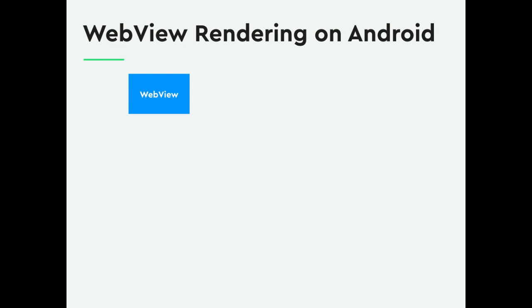We have the WebView widget from the Flutter package, and this contains as a child an Android view, as we saw in the Flutter Inspector. Now, what is this Android view doing? This is basically embedding an Android view, as the name says, in the widget hierarchy.